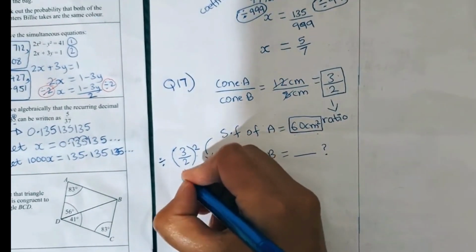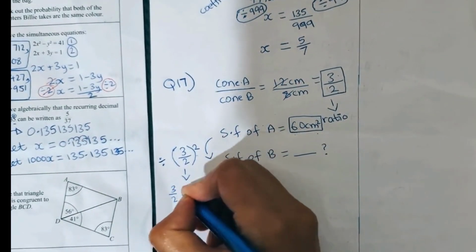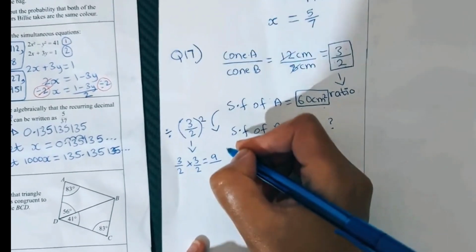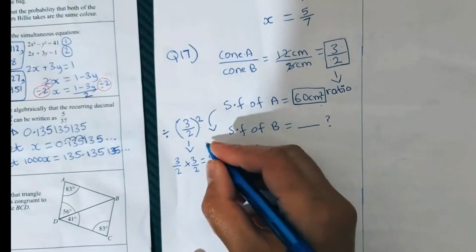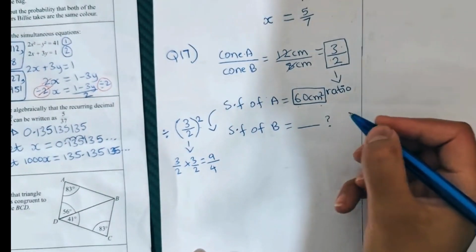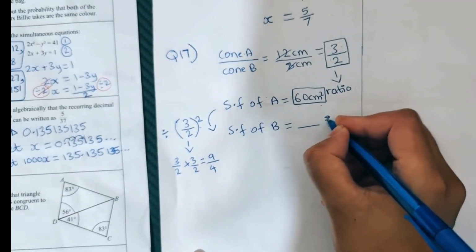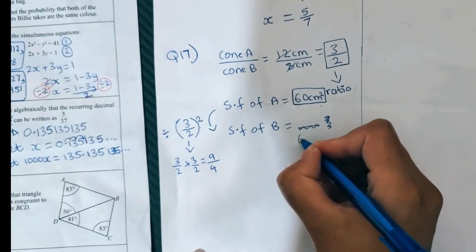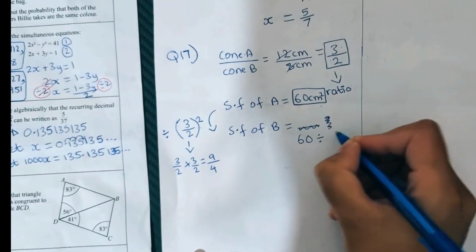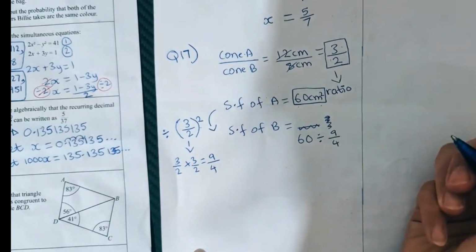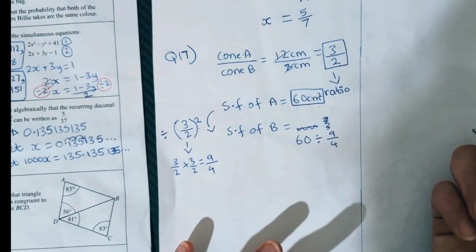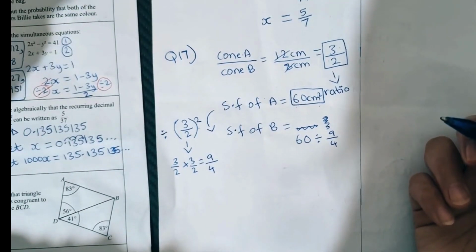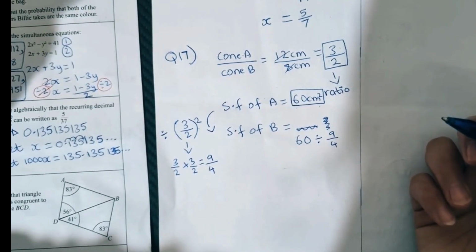And if we do 3/2 squared, that is just 3/2 times 3/2, which becomes 3 times 3 is 9, 2 times 2 is 4. So I'm actually going to be doing 60 centimeters divided by 9/4. Now, if we remember how to do division, there is a special acronym that we teachers often come up with for that. If you know, let me know in the comments.